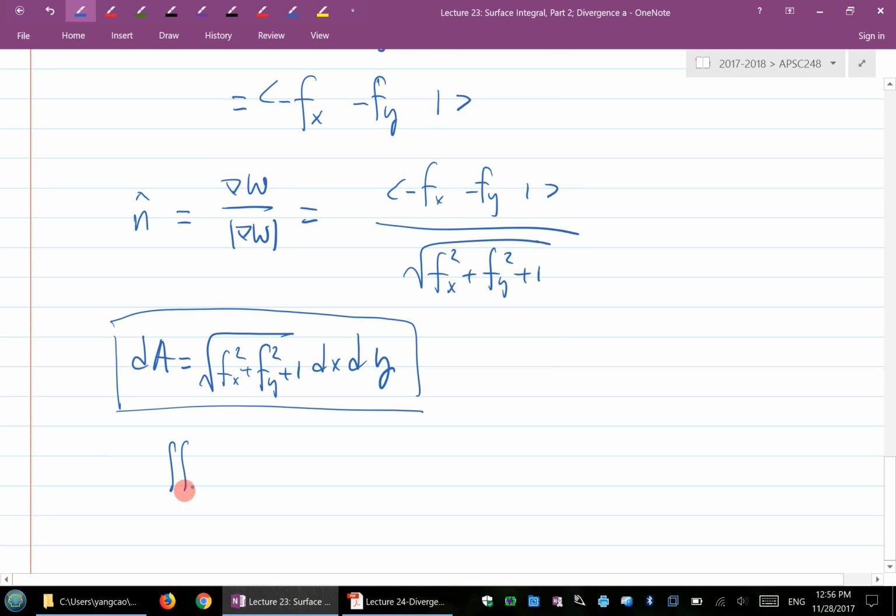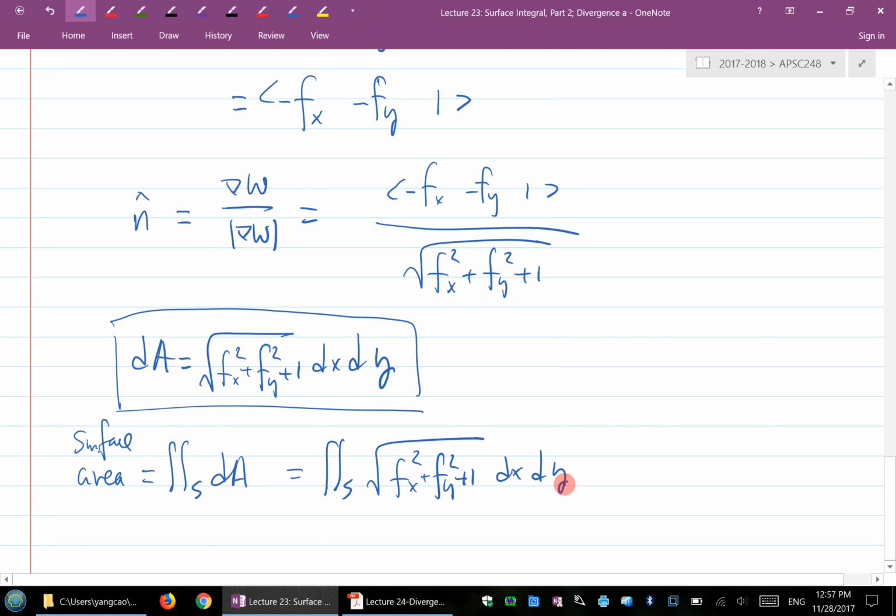Here you get the surface area. This is your general surface area formula, so all you need to do is replace dA with the formula here. That's another formula derived from this part of the lecture.